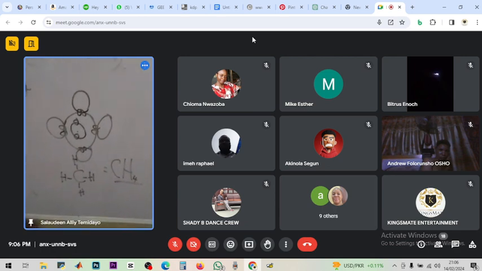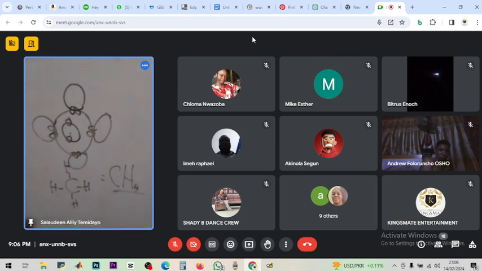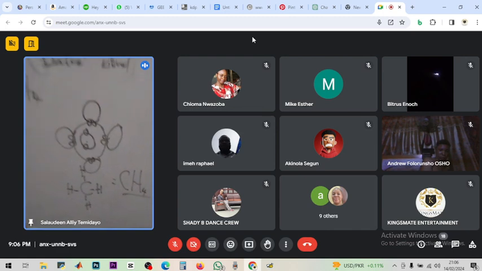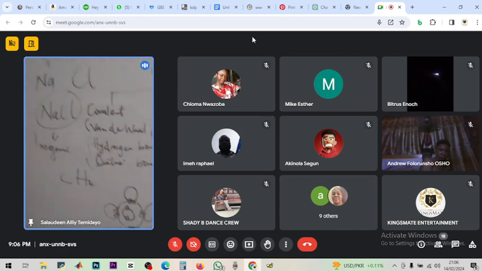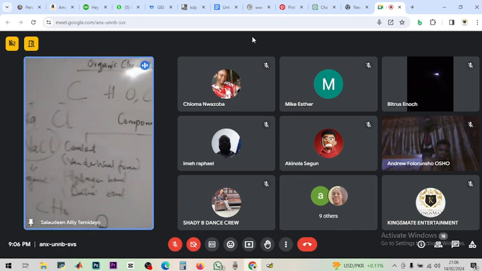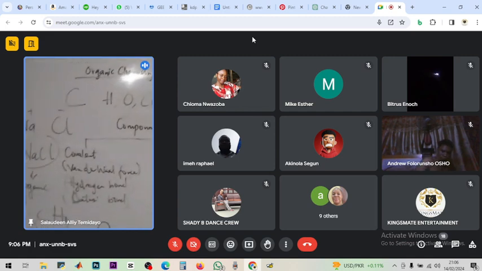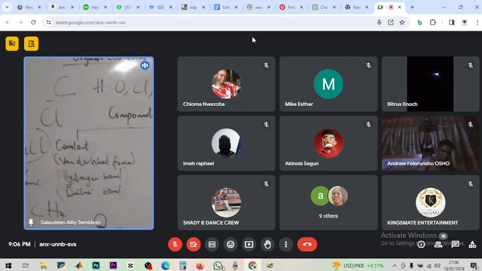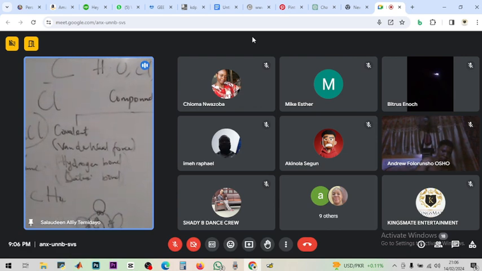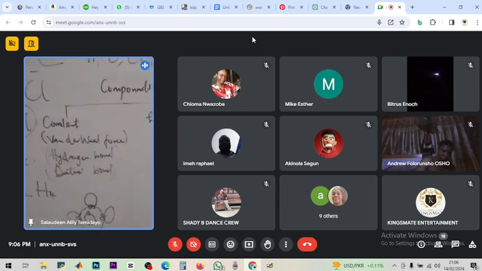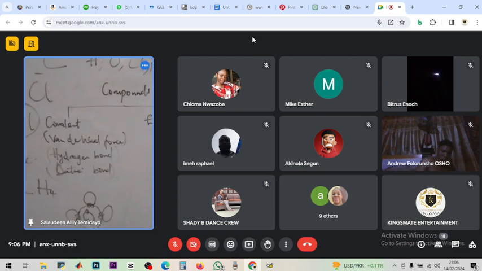So basically, organic compounds involve non-metals. When we start having metals, it happens in compounds like esters. At the moment, let's not drag ourselves too much. Let's just say that organic compounds involve basically non-metals.